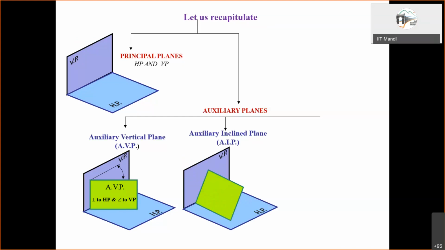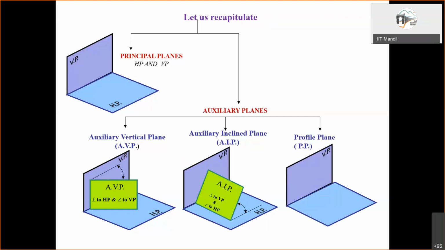And then we had another category, profile planes, which were perpendicular to the vertical plane as well as the horizontal plane. So these are the three categories.